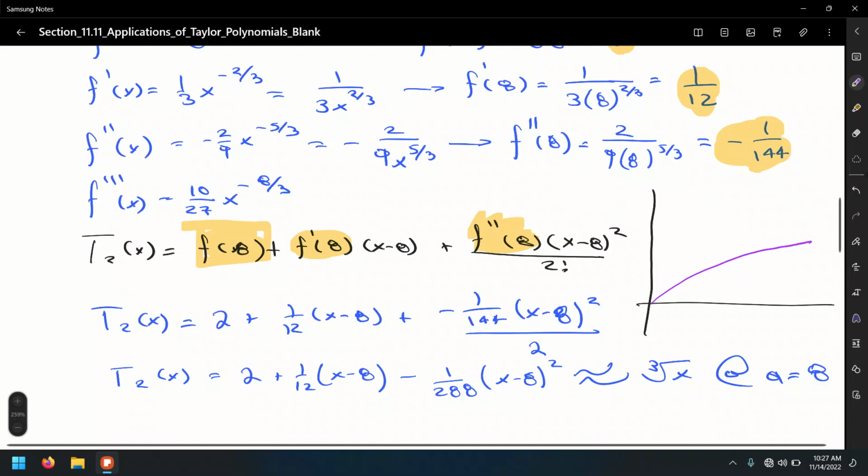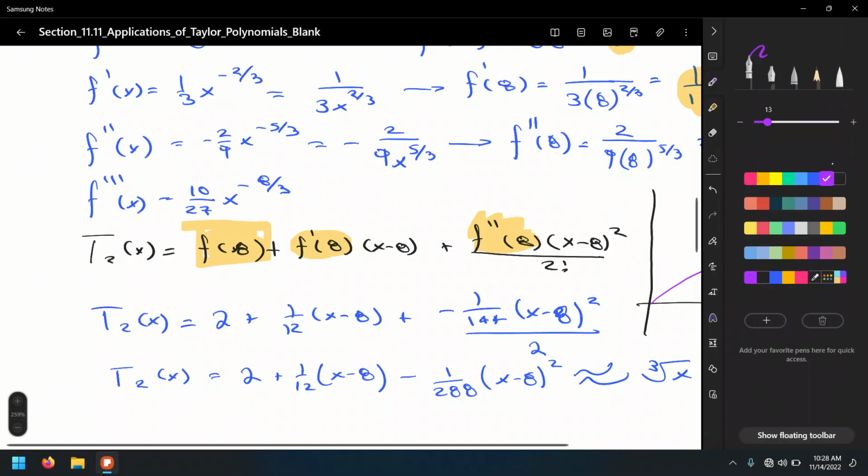Well, of course it has a negative tail, but we're just looking at the positive part. So that's going to be 8, and we're looking actually between 7 and 9. We want to know what happens as we get away from the center, which is 8. But in this case, we are bounding this interval to just 7 and 9.